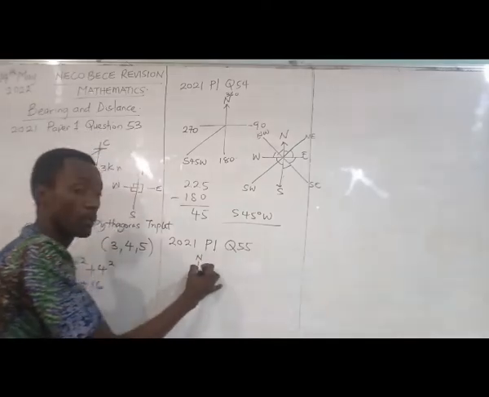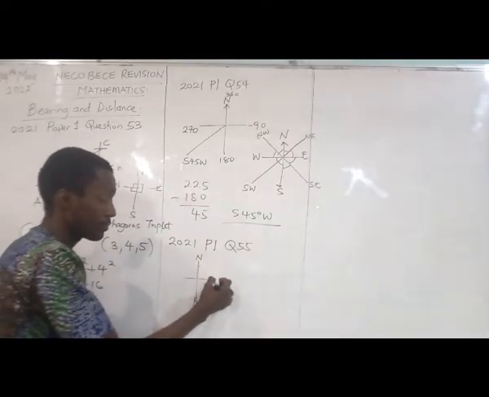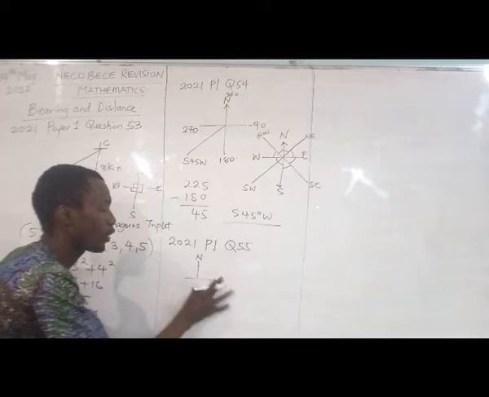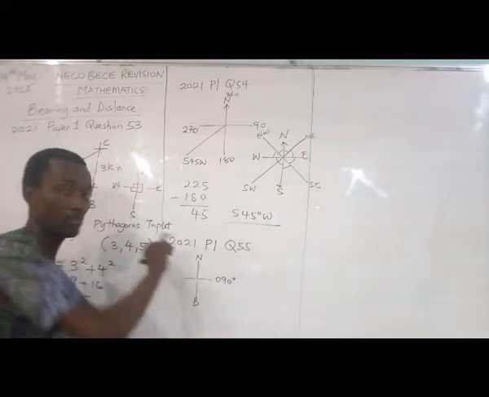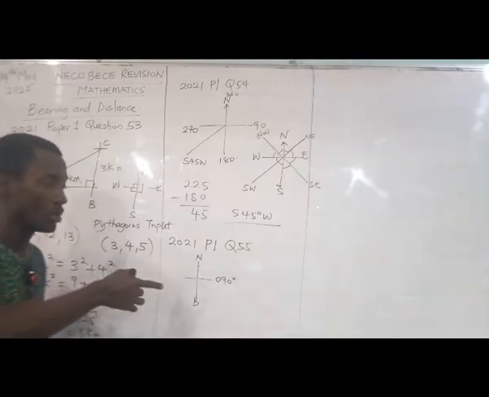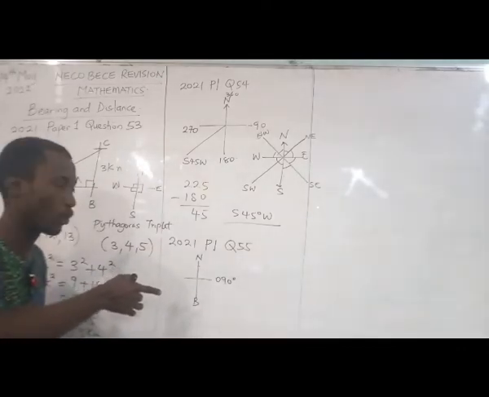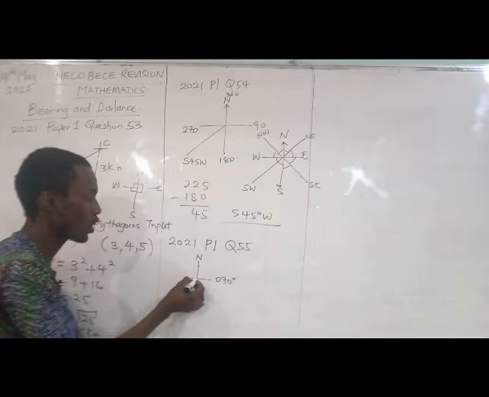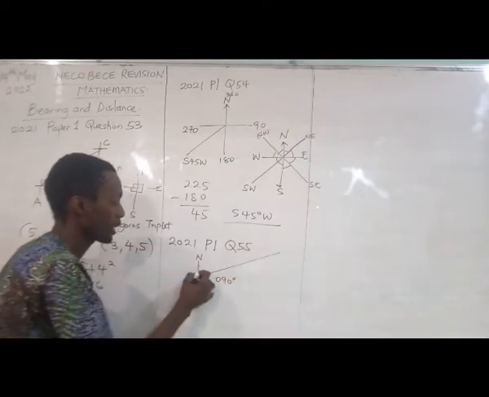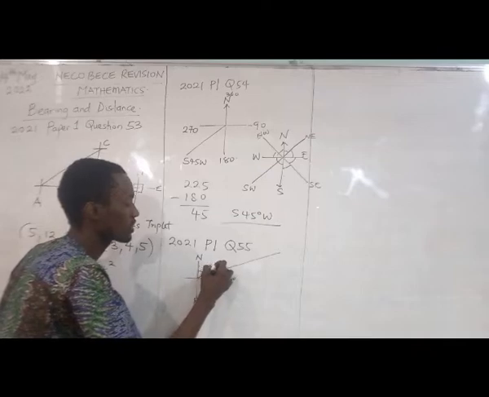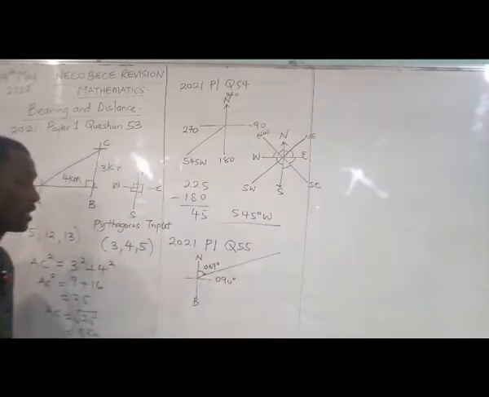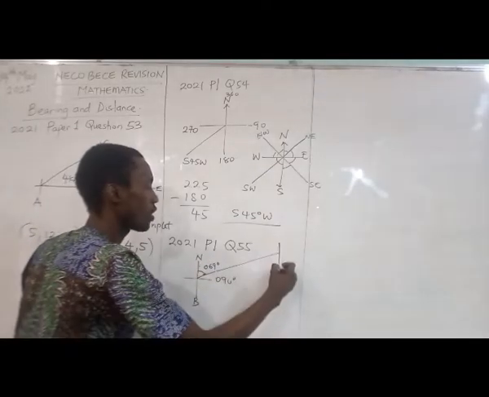So from here, this will be what? 90 degrees, or what you may call 090. Coming in this direction. So what you have will now be what? 69 will be somewhere here. So that means to this position, it will be what? 069 degrees. Now this is B and this is what? A.